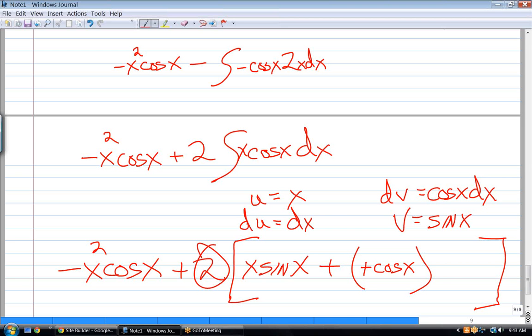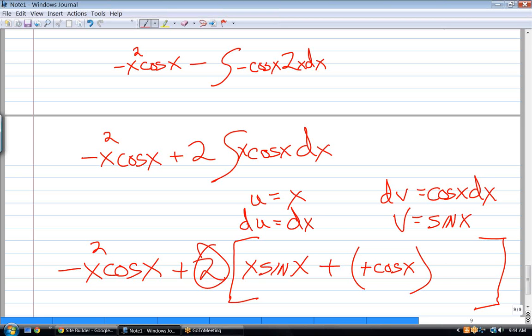You want to do a shell method volume problem? Sure. Here, I can find that in this book also. Is it possible to do one where we revolve around the y-axis and then x-axis, or x equals 2, or y equals?